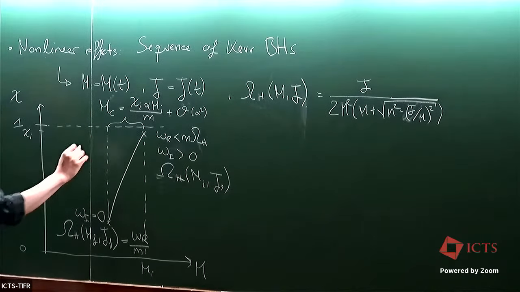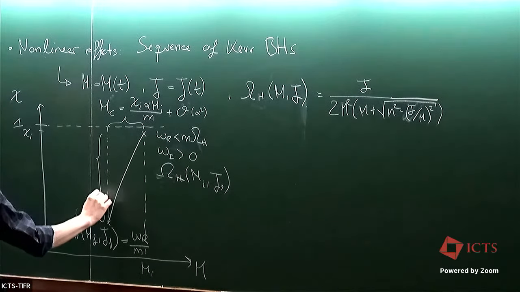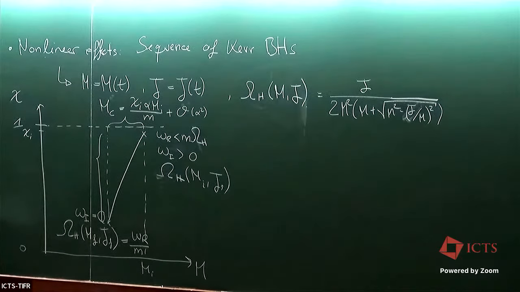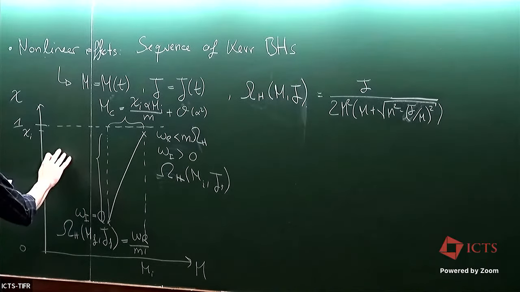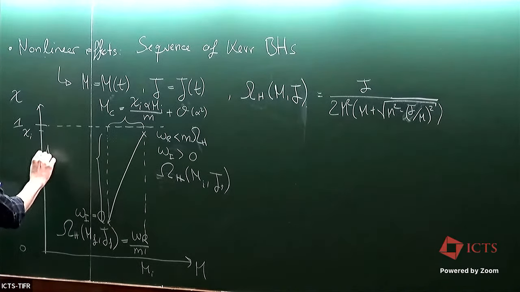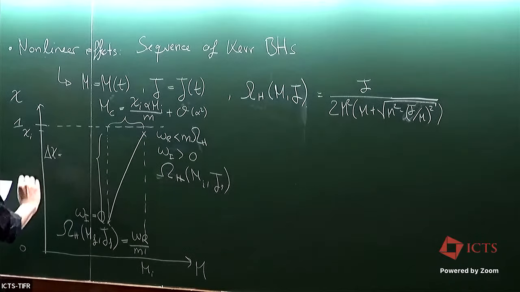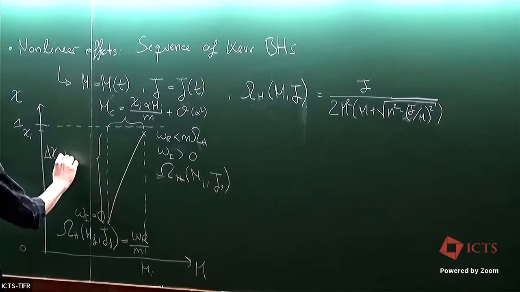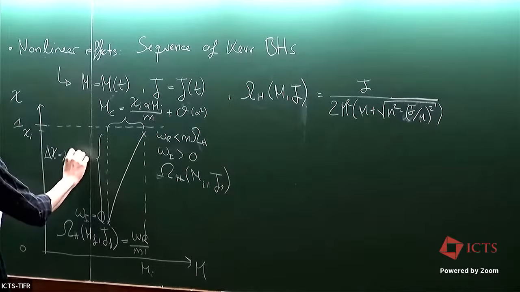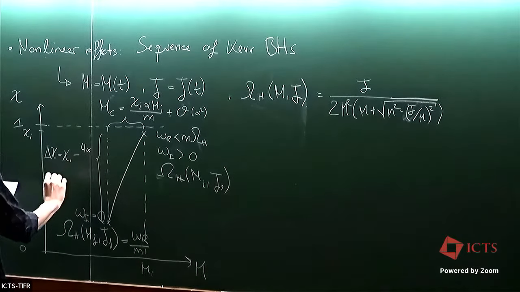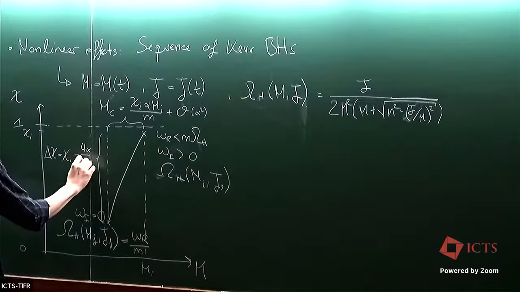Similarly, the change in the angular momentum, or the spin, of the black hole we found also using this. I'm going to write it as delta chi equal to the initial dimensionless spin minus 4 alpha over m, again plus alpha squared corrections.